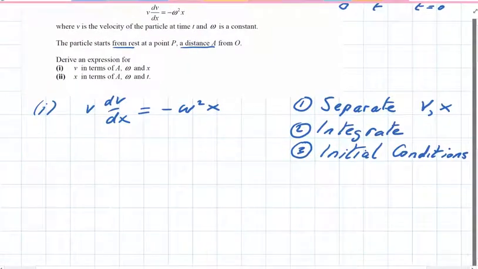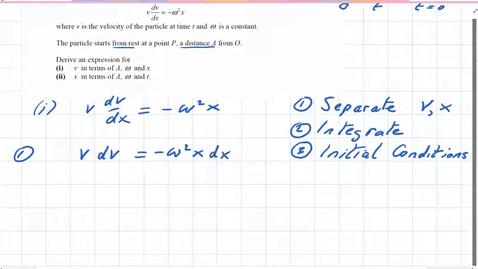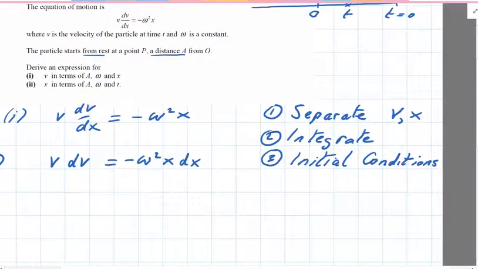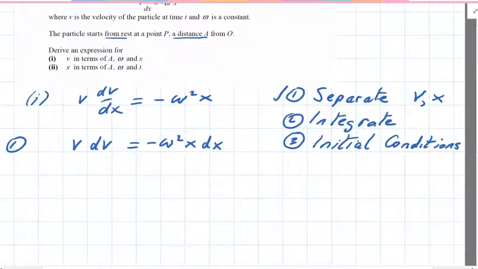So step number one, separate. That means get all the x's on one side, all the v's on the other side. So v dv on this side, multiply both sides by dx, and you get minus omega squared x dx. That's the first step already done in this case. That's easier than it normally is for this question. Now step two is integrate both sides.